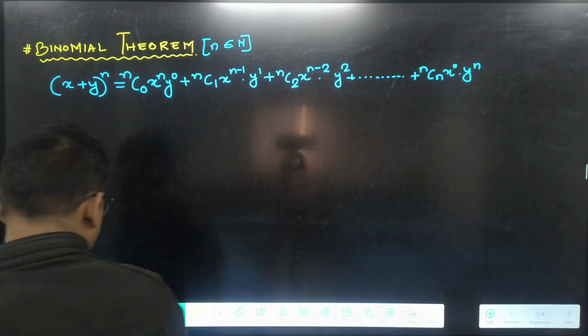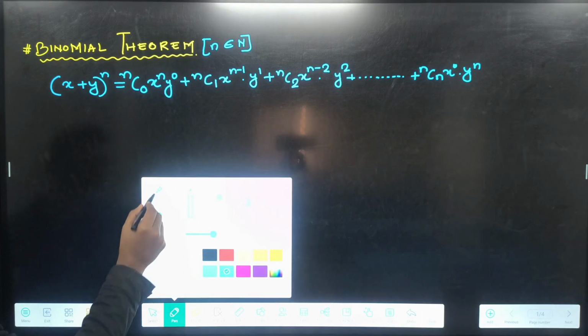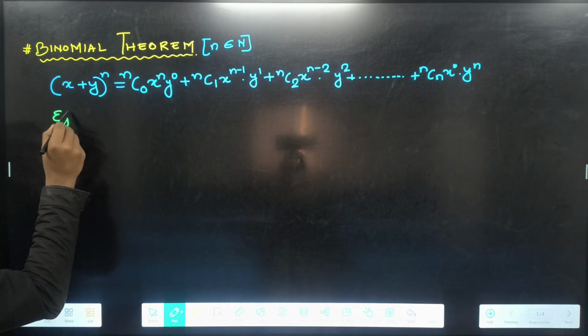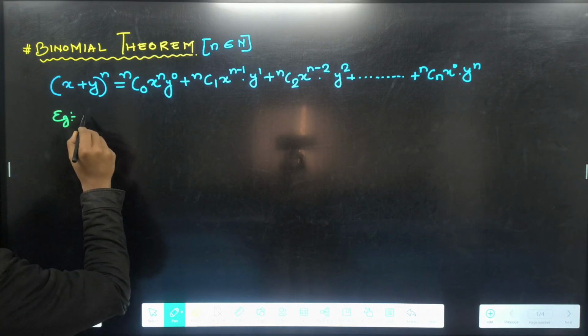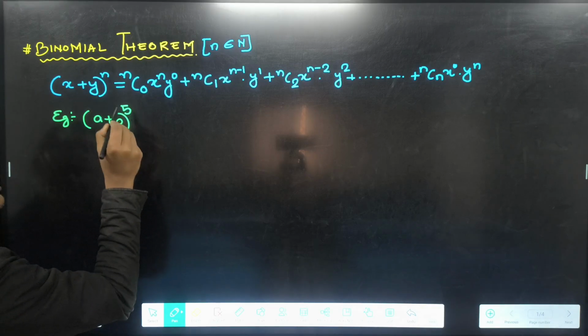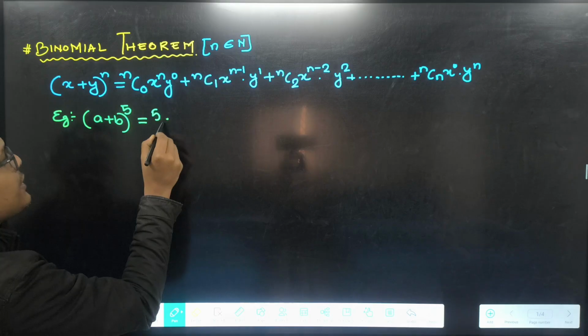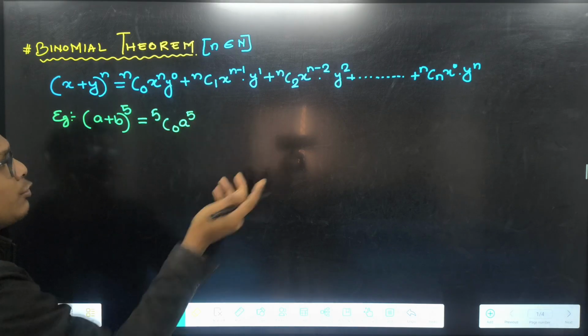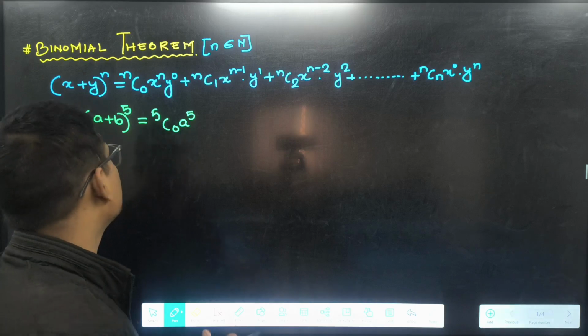For example, let's say we need to expand a plus b to the power 5. It will become 5C0 a to the power 5, and b to the power 0 ultimately becomes 1, right?